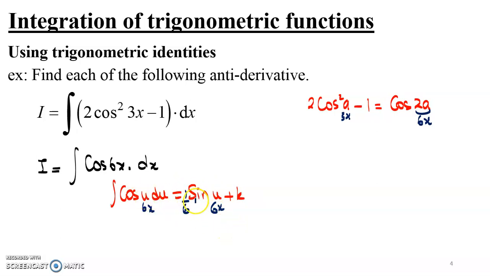Now I used u here, I could have used x, it doesn't matter as long as the variable I've used fits the one in the differential. So we do not forget to divide by a, which is the slope of the linear expression. This leaves me with my integral being equal to 1 over 6 sine of 6x plus k.